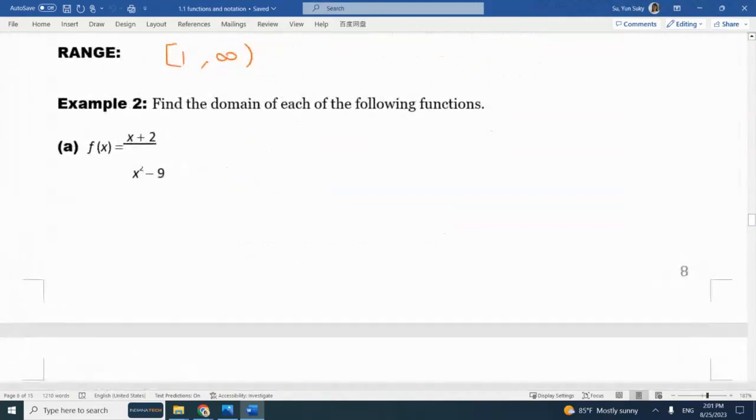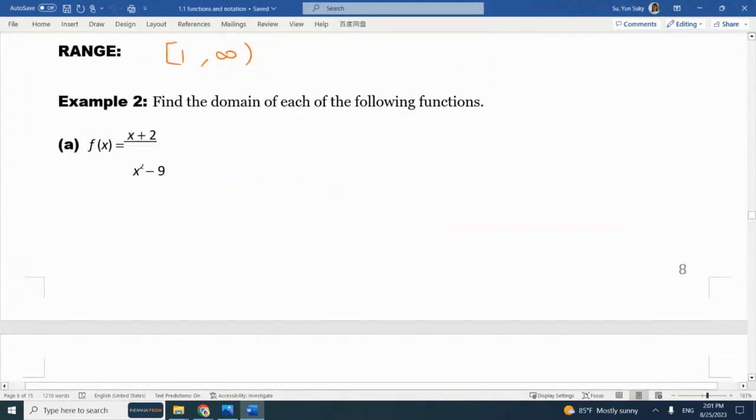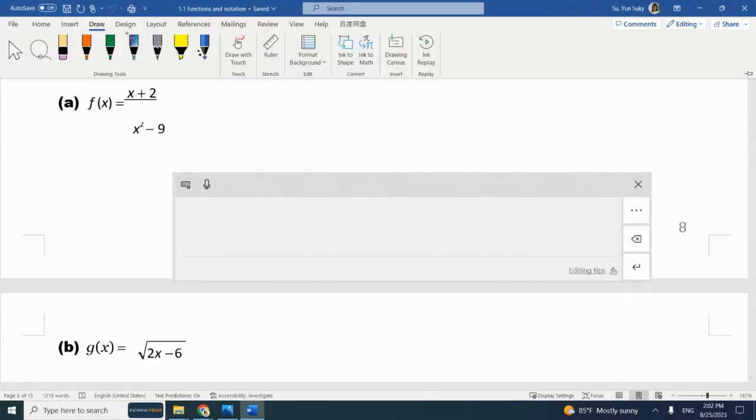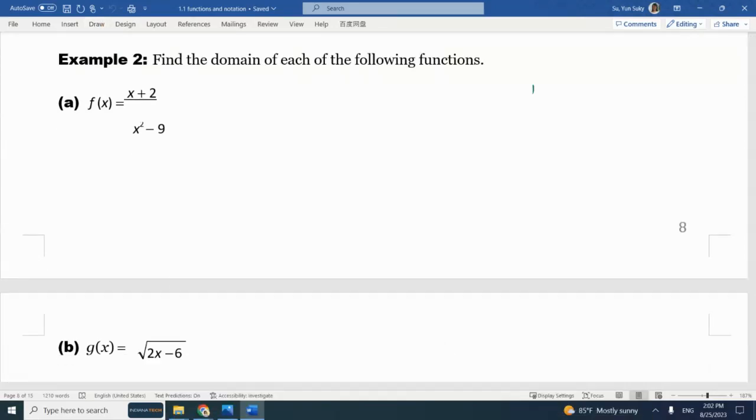And how about if we're given a formula? How do we find the domain? This is x squared minus 9. So remember two things. First thing is, when you see a square root, you need the things inside the square root to be greater or equal to 0, right, everybody?